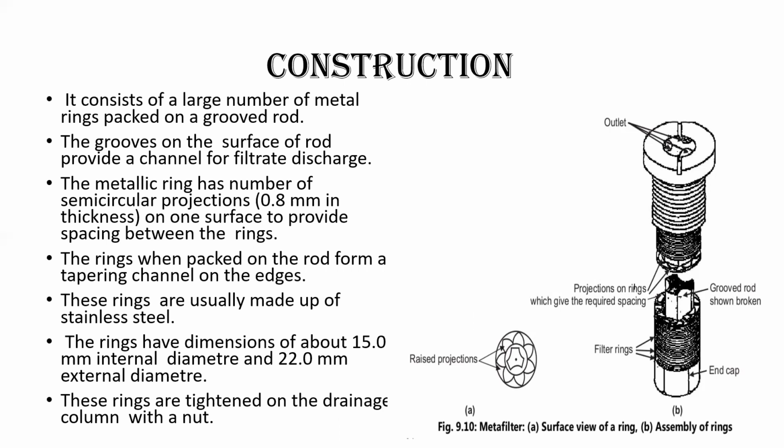The metallic ring has a number of semicircular projections, 0.8 millimeter in thickness, on the surface, which provide spacing between these two rings.